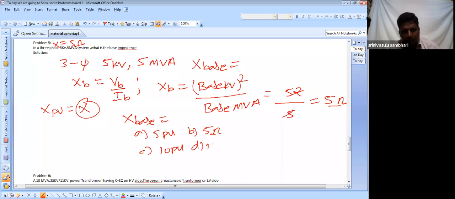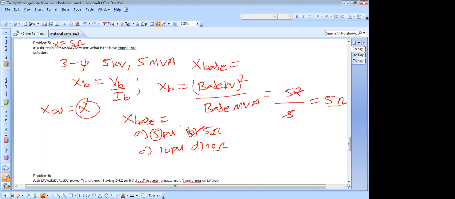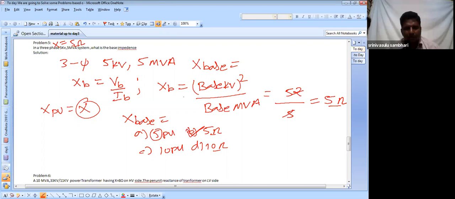Option D, 10 ohms, like this. I got the answer 5, but is it 5 per unit or 5 ohms? The answer is 5 ohms, because base reactance has units and actual values also have units, but X per unit does not have units. Is it clear?